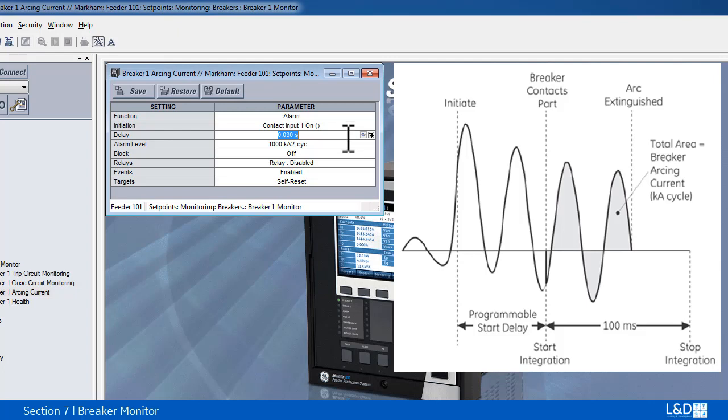For maximum measurement accuracy, the breaker operating time should be measured with a breaker motion analyzer. After contact separation, the integration of the measured current continues for 100 milliseconds, by which time most modern breakers will have cleared the fault.